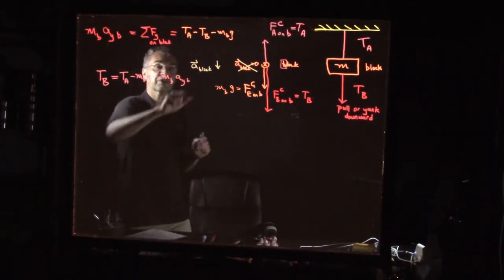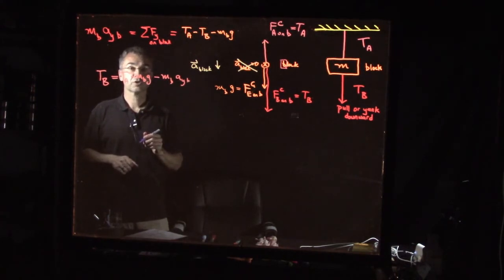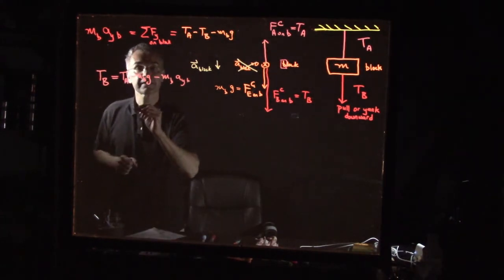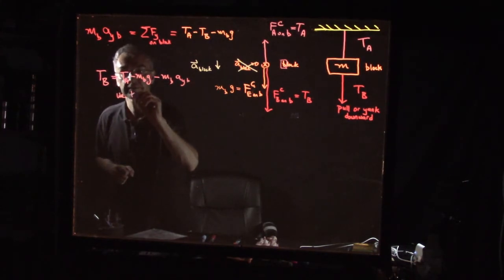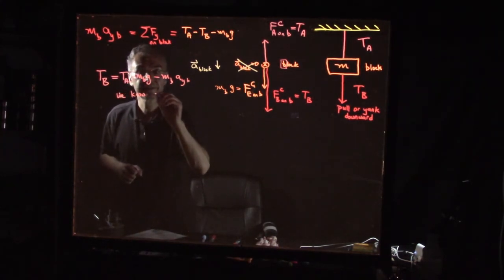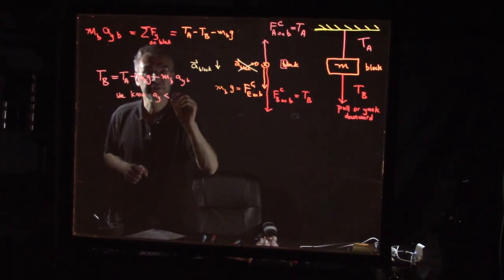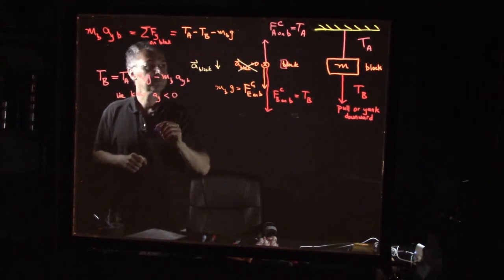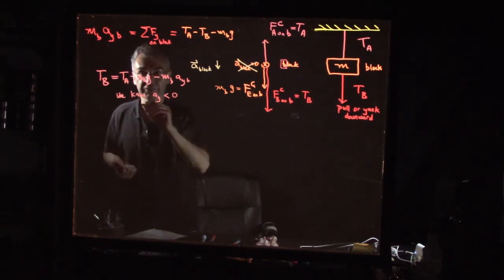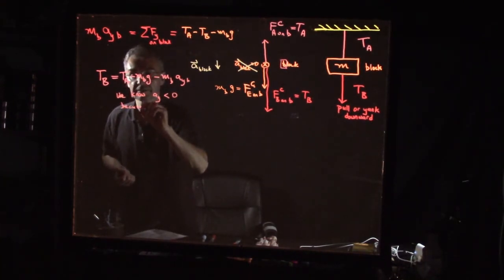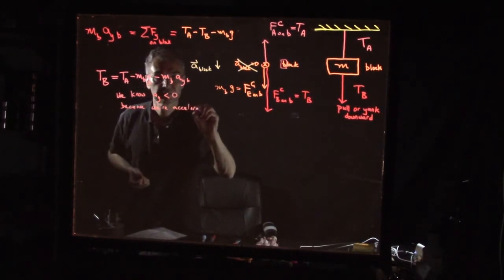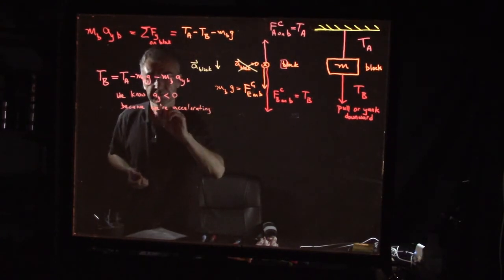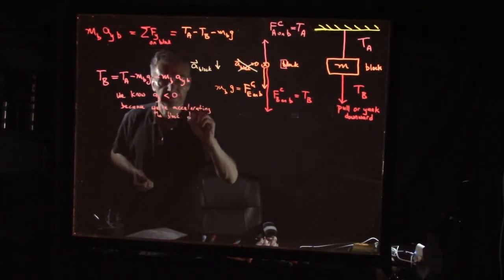But remember, this vertical acceleration is negative. In fact, we know that a_y is less than 0, because we're accelerating the block downward.